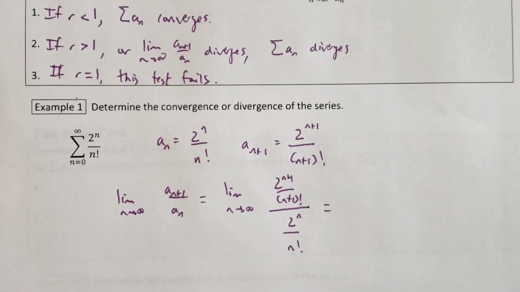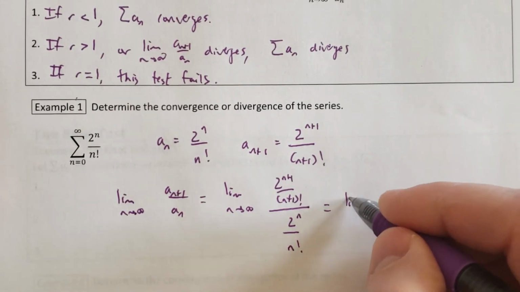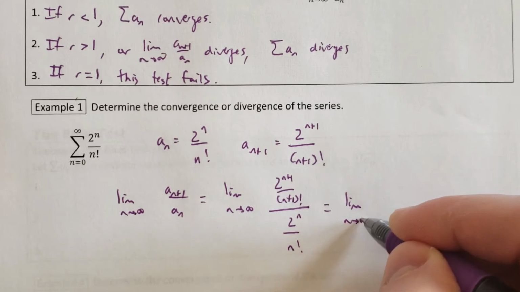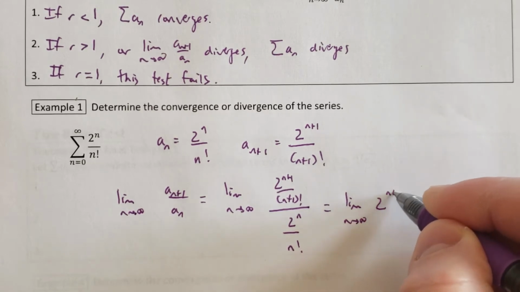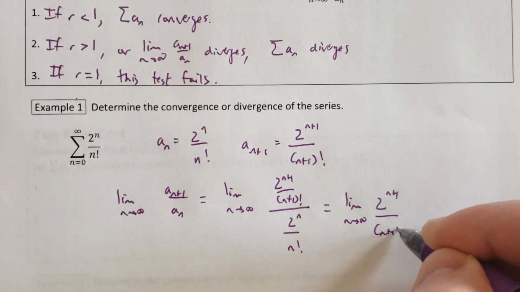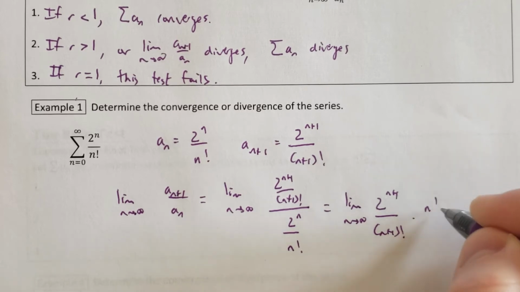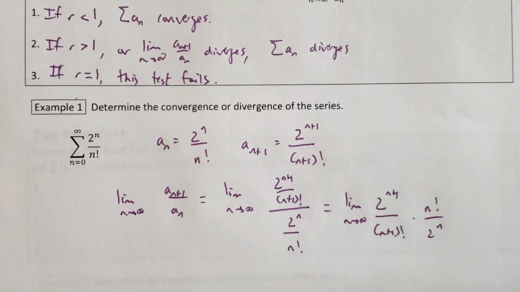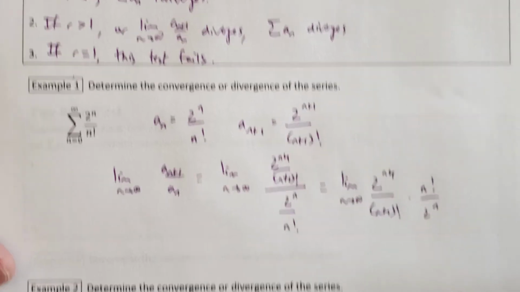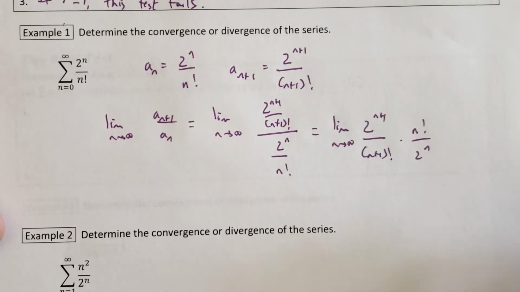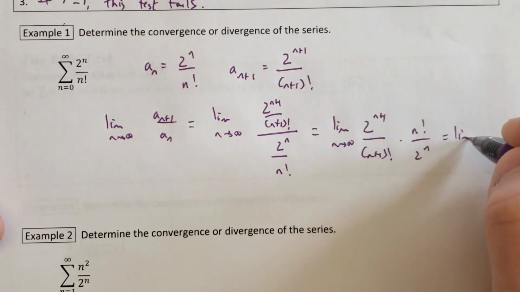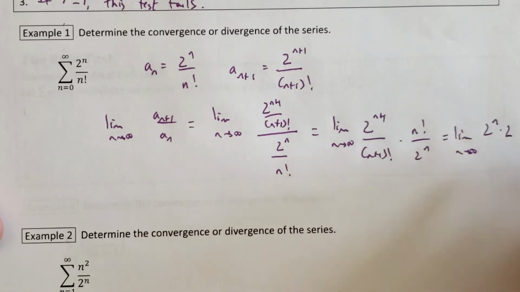And in the end, what always ends up happening on these is you end up multiplying by the reciprocal of the a sub n. So that's 2 to the n plus 1 over n plus 1 factorial times n factorial over 2 to the n. And let's see here, 2 to the n plus 1 is really 2 to the n times 2, right?